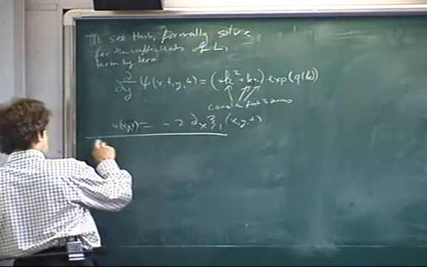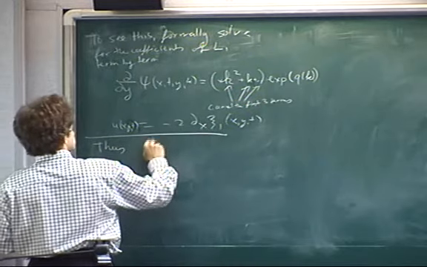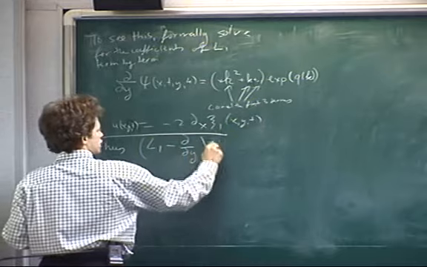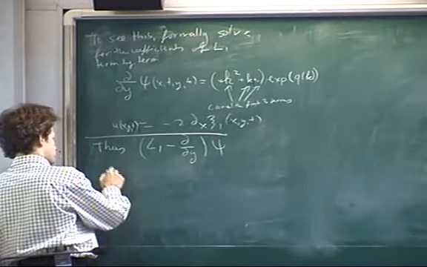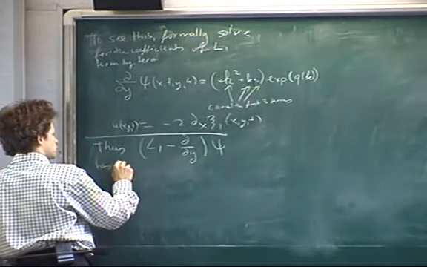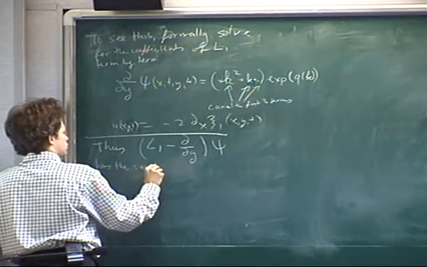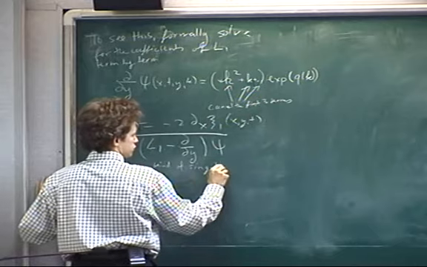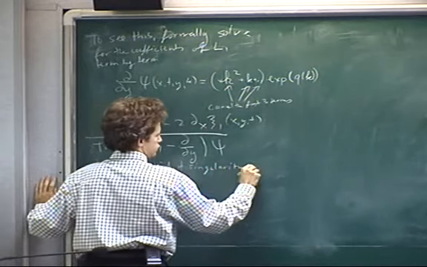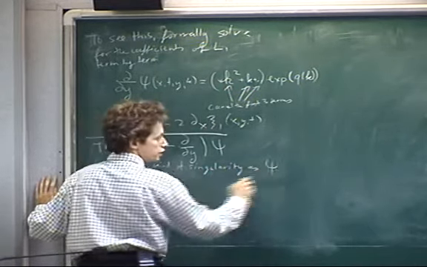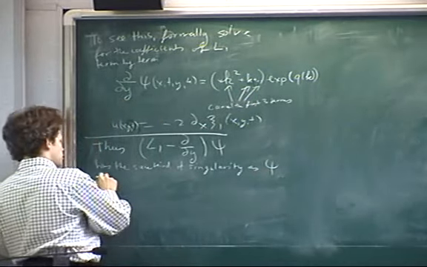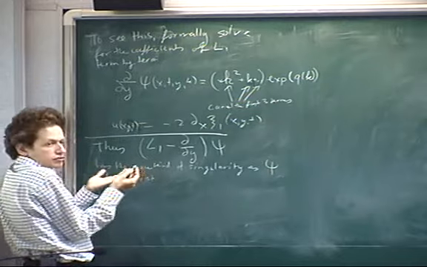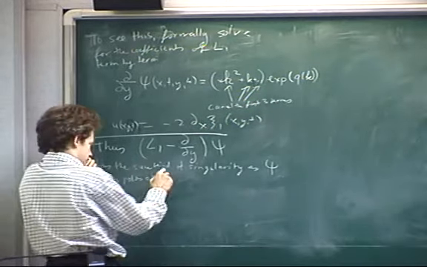Okay, so thus, what you see is that if you take this L1 minus d dy psi, it has the following properties. It has the same kind of singularity as psi, right? It's meromorphic. It has poles at the same places, because we're not doing anything elsewhere.